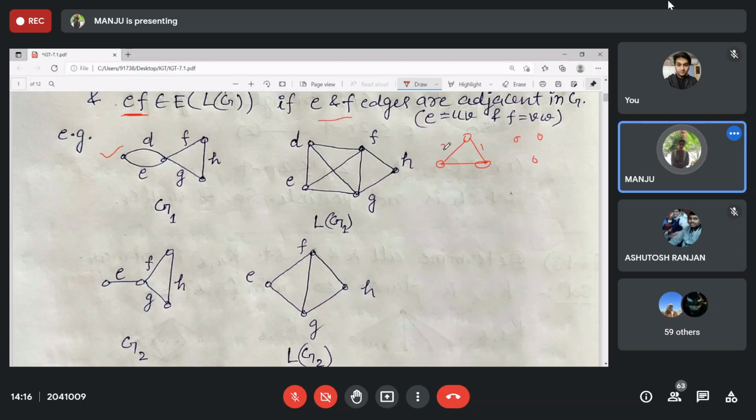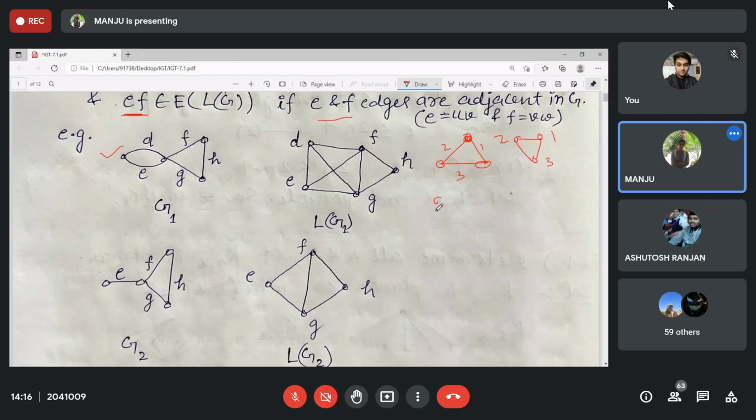Clear? 1, 2, 3 are the vertices. Now 1 and 2 have a common vertex, so they will be adjacent. 1 and 3 have a common vertex, adjacent. 2 and 3 have a common vertex, adjacent. So the line graph of C3 is again C3.